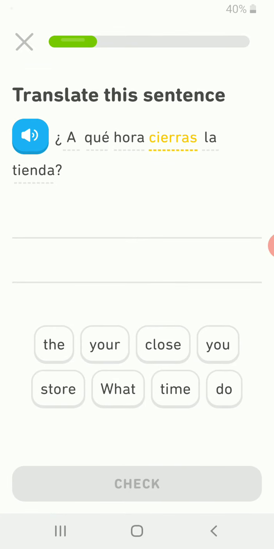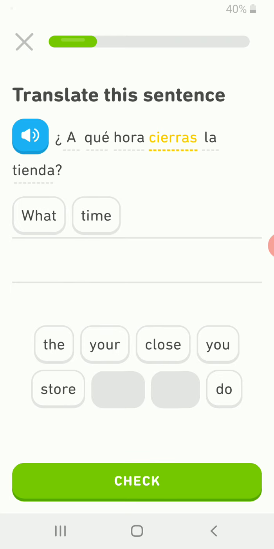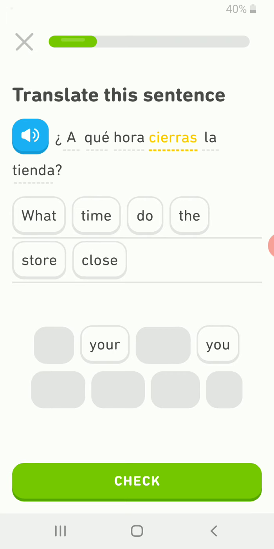¿A qué hora cierras la tienda? At what time? Or what time? What time do... ¿A qué hora cierras la tienda? Do the store close?